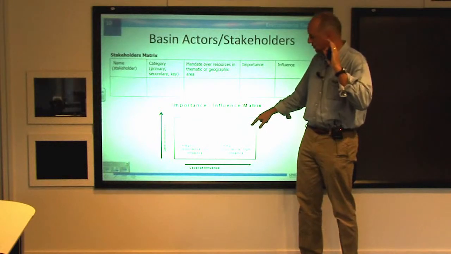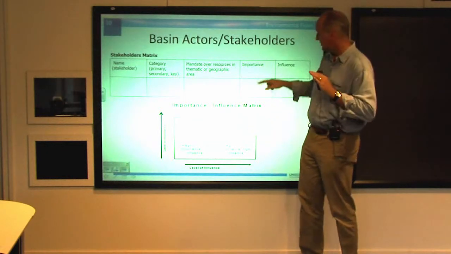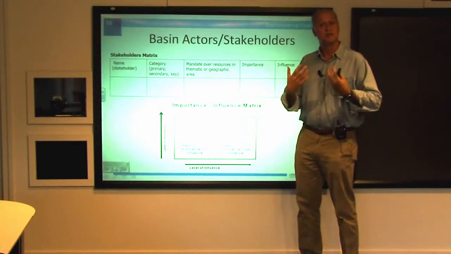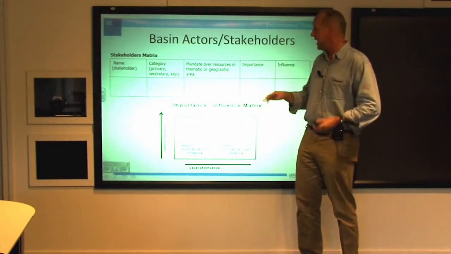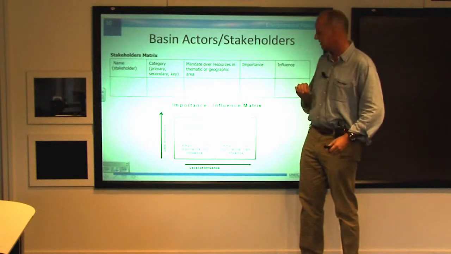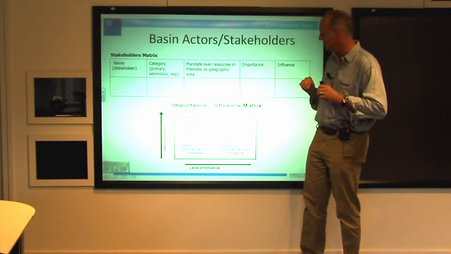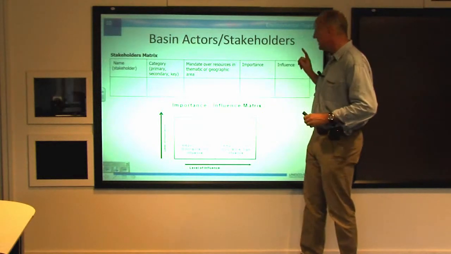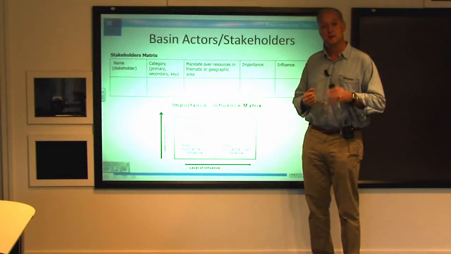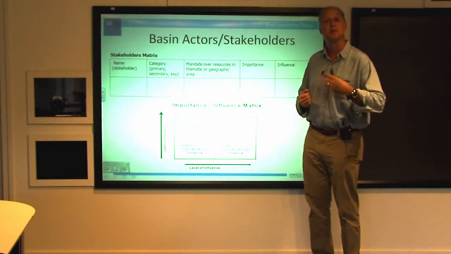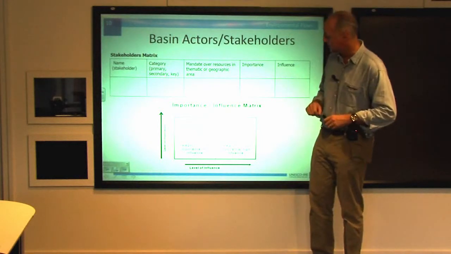The importance of the change of flow regime is high in their sphere of interest, as well as being an influential agency that has real responsibilities for managing that resource. They issue the permits that allow water abstractions.